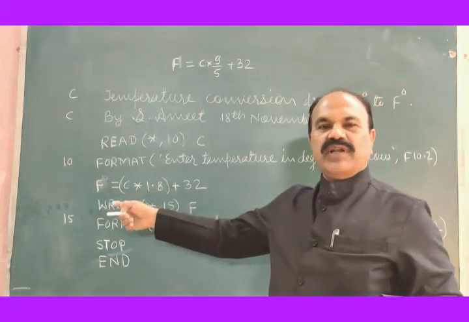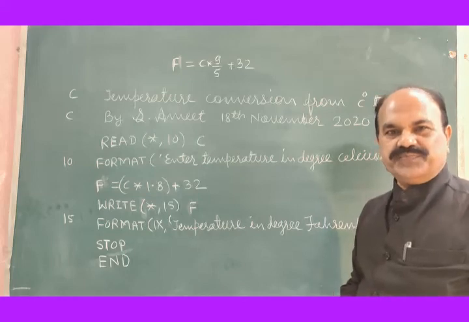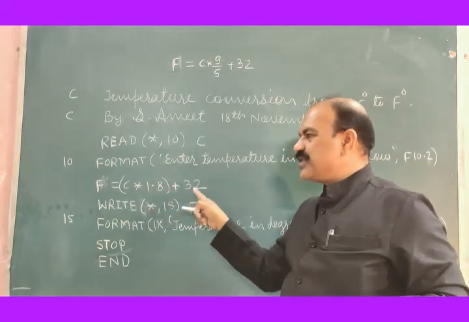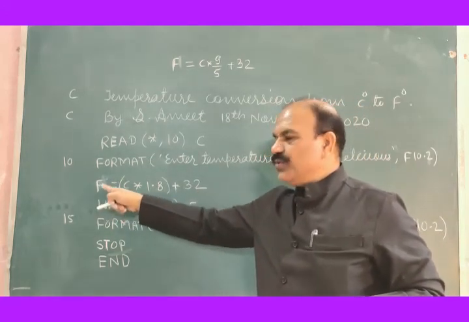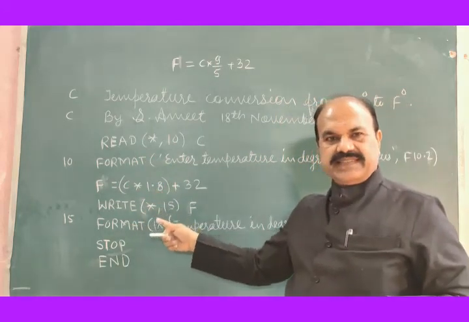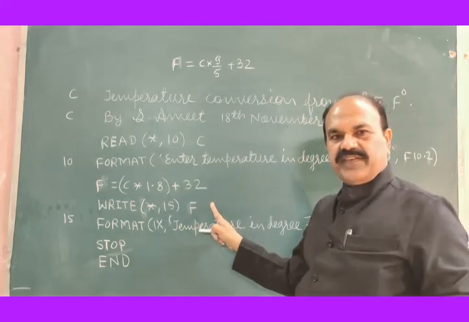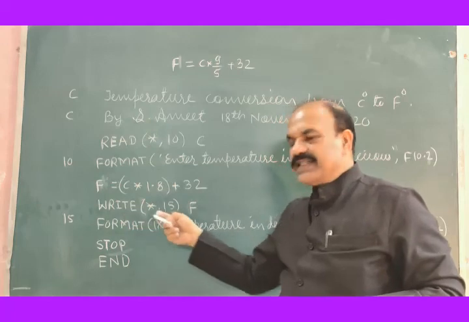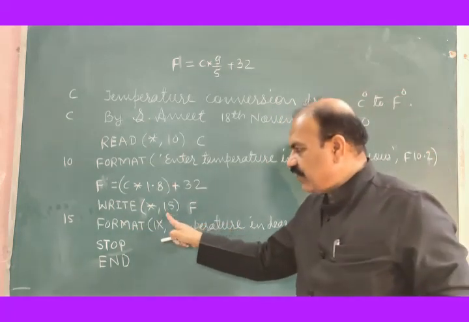After that, use the formula F is equal to C into 1.8 plus 32. This value of C is substituted here, calculation is done, and value is given to the variable F. Write asterisk 15 F. F is the variable whose value is transferred. Write statement prints value of F in format 15.